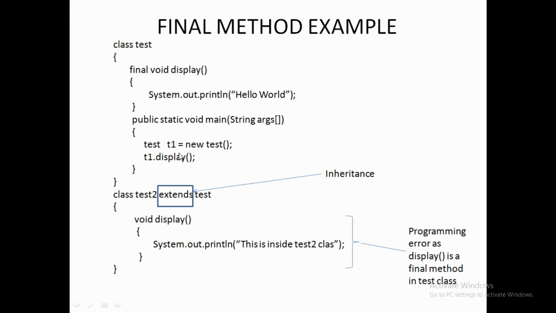Now the final non-access specifier, or the final modifier, can be used to finalize a method.